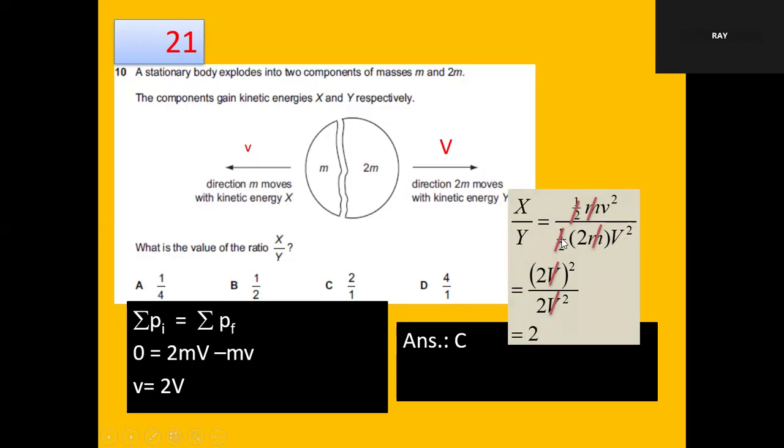Half and half can cancel off. M and M can cancel off. Then you can replace your V with 2V, so it's 2V squared. V and V can cancel off. This one is 2 squared, which is 4. 4 divided by 2 is 2. So the answer is 2.